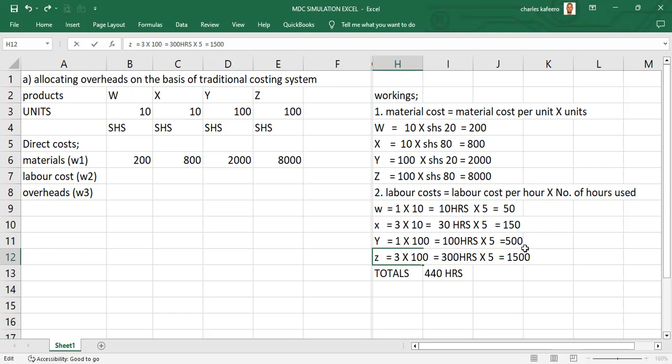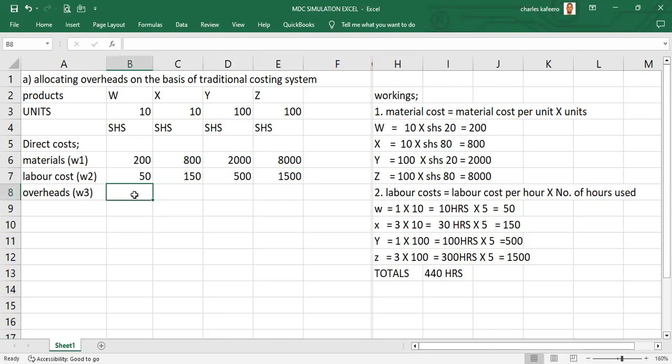We only need this cost that we spent on each product. So for labor hours, this one we have 50, this one we have 150, and this one we have 500, then this one we have 1,500 shillings.